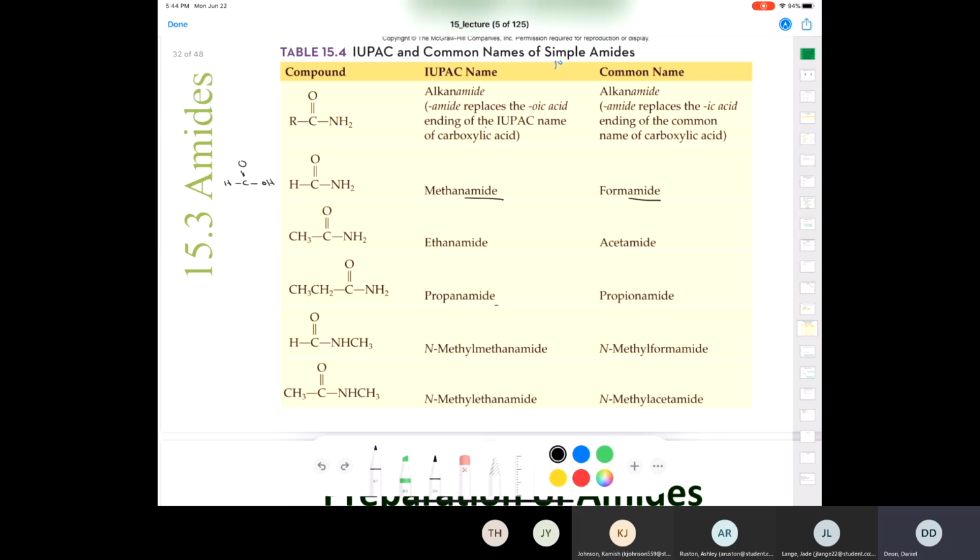And then we have a couple other different examples down here of other secondary amides. So if I take my formamide or my methanamide molecule and I add a methyl group to it, I get N-methyl methanamide, that's IUPAC, or N-methyl formamide, that's common. I'm really hoping and praying that by now you've seen the common names of the carboxylic acids so many times that you're sick of them and could recite them in your sleep.